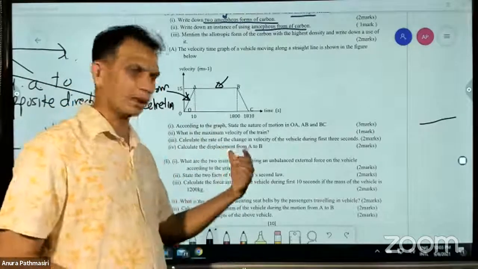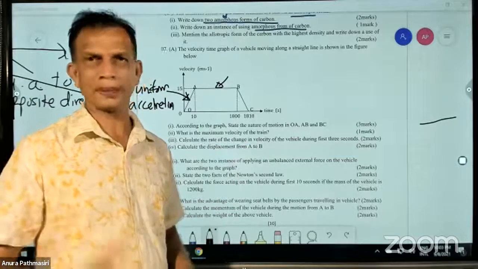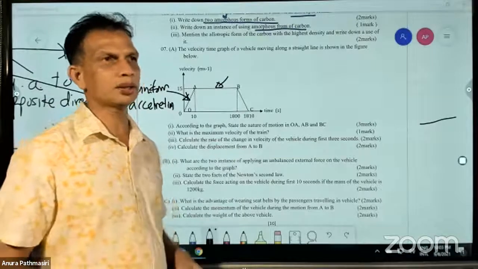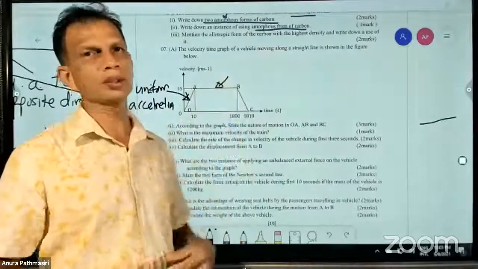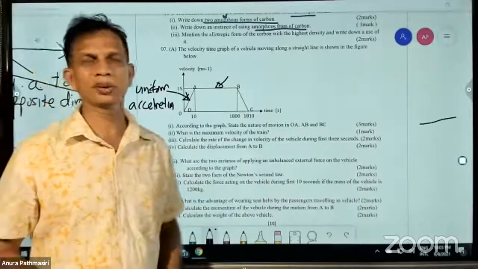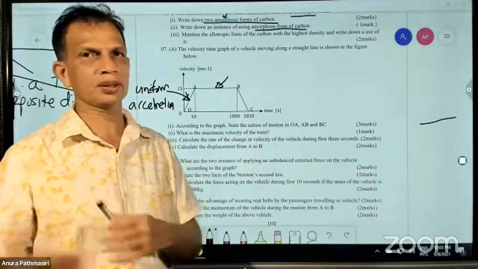Normally in this exam, that answer will not be expected. But sometimes you have to read the question. Once you read all the questions, you can understand whether you should write some extra information like to the particular direction, to the opposite direction.